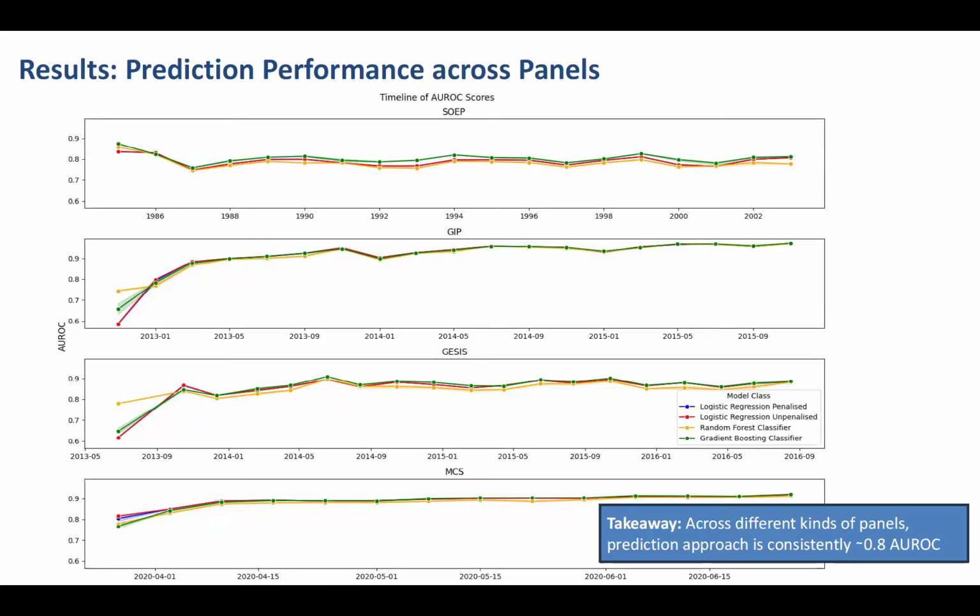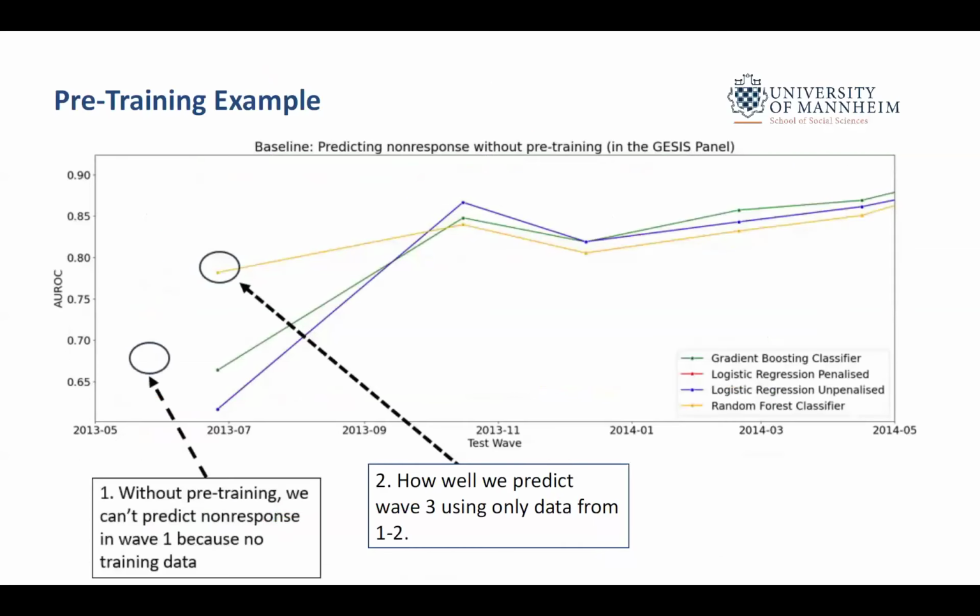Pre-training is where you train a model off, say, for example, one panel survey, and then you can use that model to make predictions about panelists in a completely different survey. So let's step through an example without pre-training. So the way that we would normally have to do this without pre-training, and we're back to the GESIS panel again, and we're going to step through this. So we're not pre-training here.